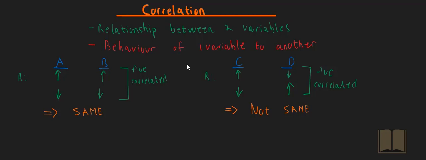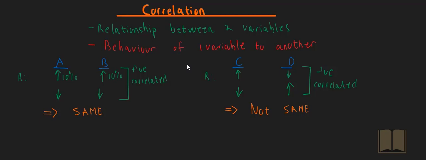You can attach a value to the correlation between two variables or between two assets. If assets are perfectly positively correlated, that means when one asset increases, let's say by 10%, the other asset also increases by the same magnitude.